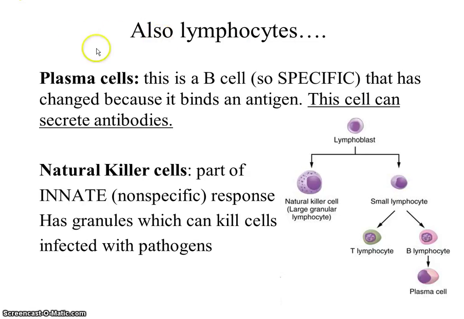All right. I say also types of lymphocytes, and again, plasma cells are part of the specific, okay? Natural killer cells are not. Plasma cells are what B cells became, so that's why you see that arrow there. It is somewhat different from a B lymphocyte, that's why we call it something else. But this is the actual cell that makes antibodies, and antibodies are part of the specific.